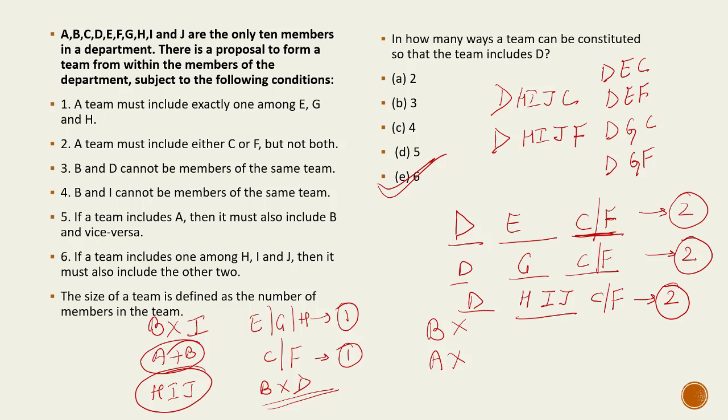Otherwise you'll get your answer wrong. And in most of the cases, even the wrong answer is mentioned as one of the options. As we can see here, 3 is also given as one of the options. And if somebody is acting in a hurry and thinks, okay, there are 3 cases, they might end up marking 3, which would have been a wrong answer.